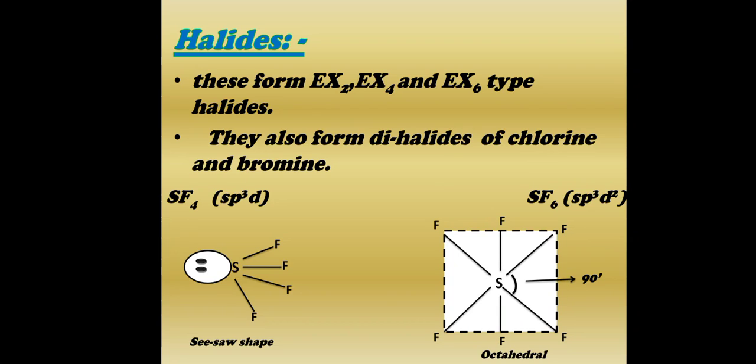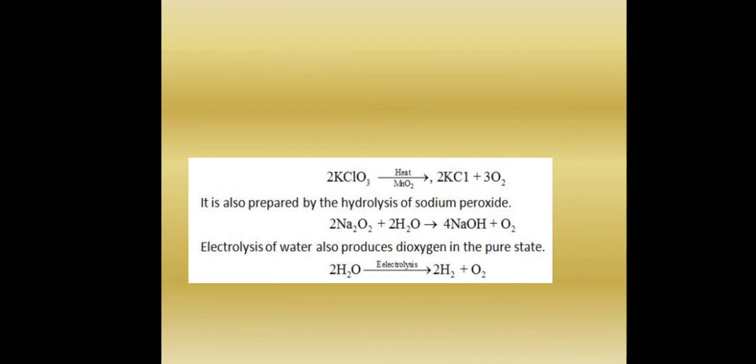Often the question comes on their hybridization state and shape. In case of SF4, it is sp3d and the shape is seesaw. The shape becomes different due to the repulsion of the lone pair of electrons. In case of SF6, it is sp3d2 and the shape is octahedral with a bond angle of 90 degrees.